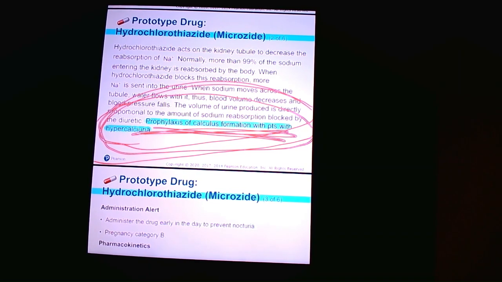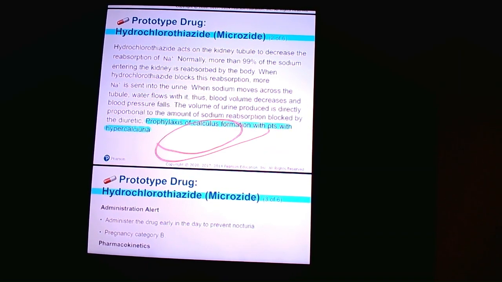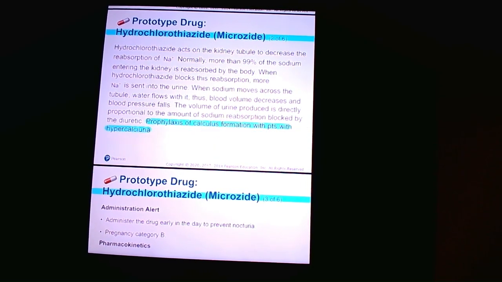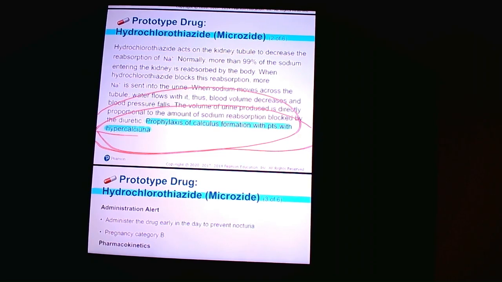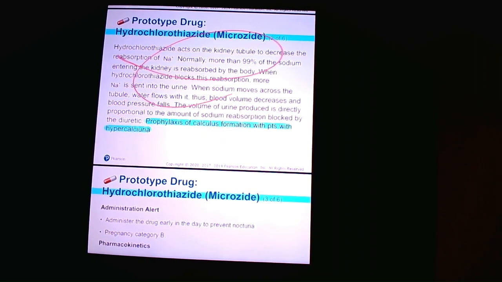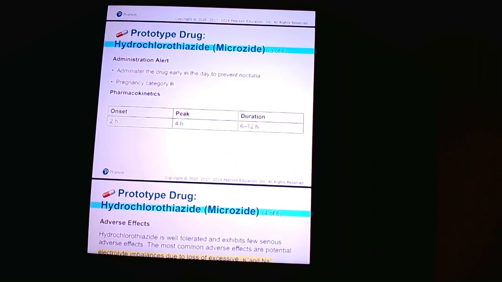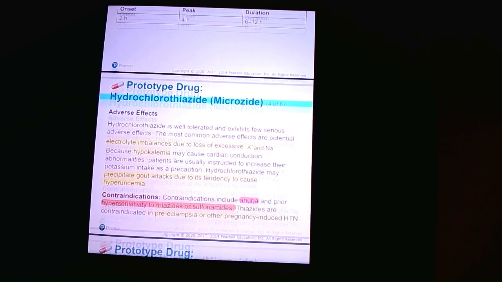I'm not really sure if it's saying you should take prophylaxis to prevent kidney stones, but I guess that's something to watch out for. Everything else is just review. You give it in the day to prevent nocturia, which makes sense. If you give it at night, they're going to have to pee at night, so give it in the day.